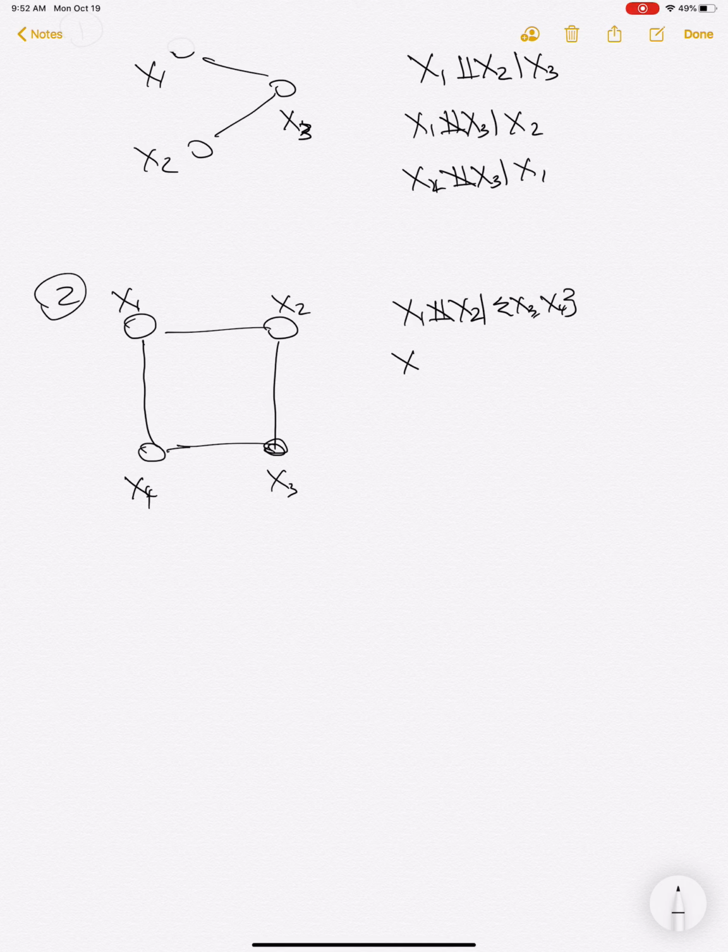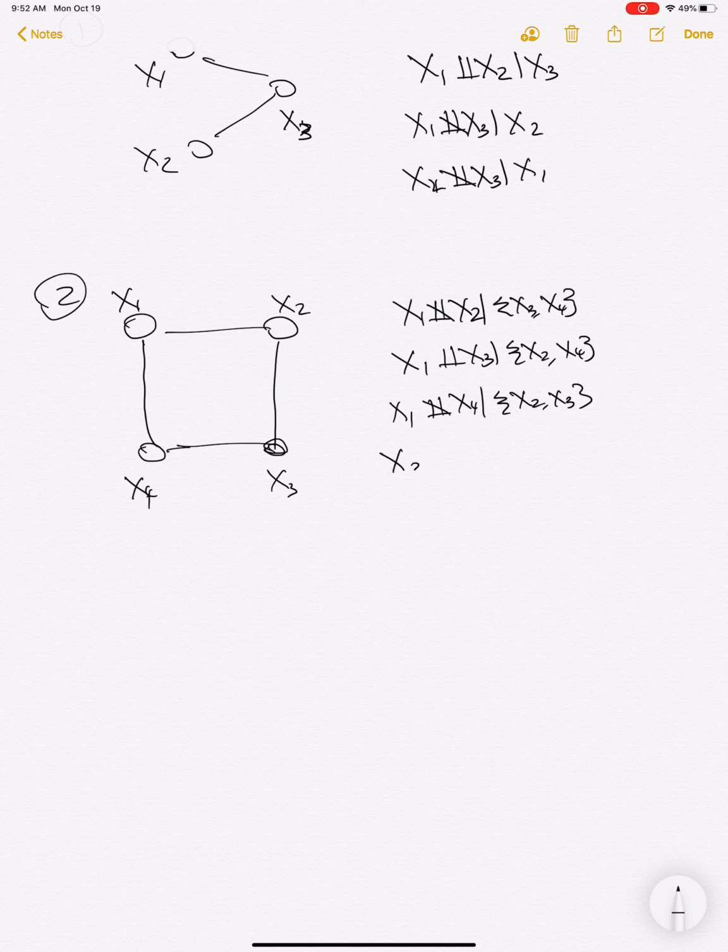We're going to have that x1 is actually independent of x3 given the two neighbors, x2 and x4. x1 is dependent on x4 given the neighbors of x2 and x3, again because x3 is a neighbor of x4 and x2 is a neighbor of x1.